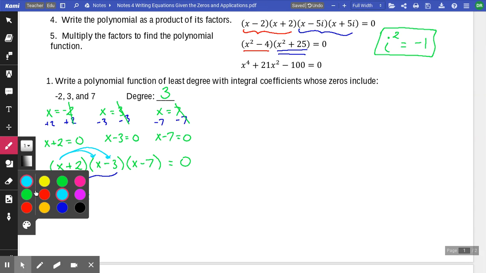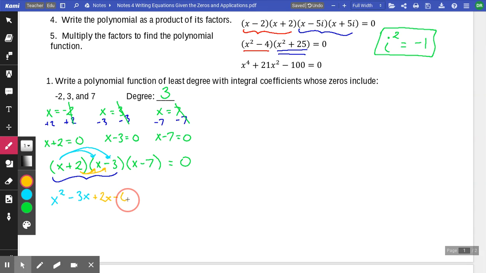And then very similarly, we need to take this 2 times x to get positive 2x. And 2 times negative 3, that would be negative 6. And so we've multiplied these, and we have not used the x minus 7 yet. We'll keep that.